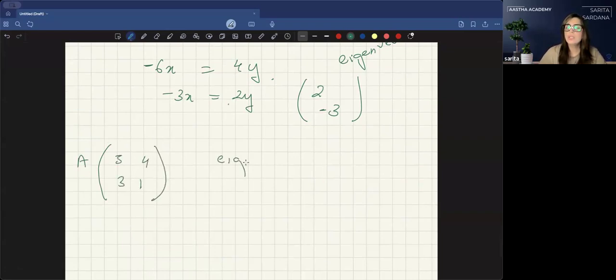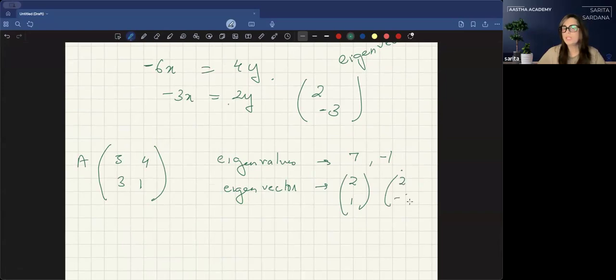You got eigenvalues as 7 and minus 1, those were the lambda values, right? And eigenvectors as you got 2 and 1 when the lambda was 7, and the other one was 2 and minus 3. Okay, so just a quick recap.